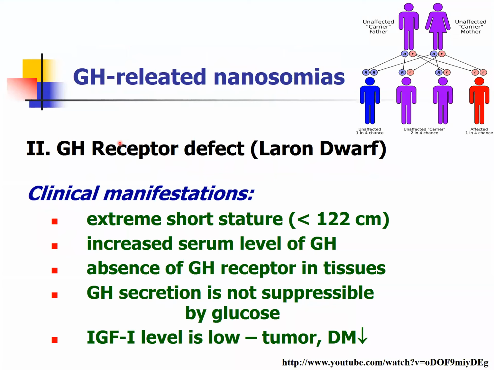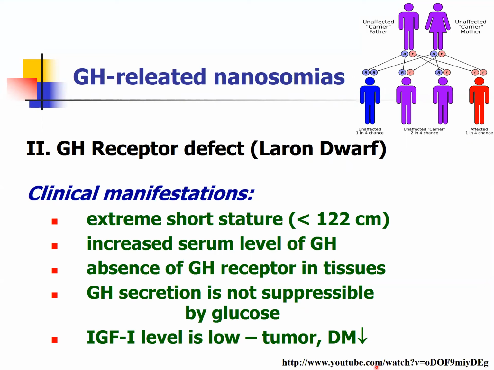Now, another thing is that the growth hormone itself is not decreased, but a receptor defect occurs. So it means that we have growth hormone, however, the growth hormone cannot affect, for example, the liver and cannot synthesize somatomedin. This is why it is called Laron dwarfism. And Laron dwarfism, a genetically hereditary disease, is a very rare one.